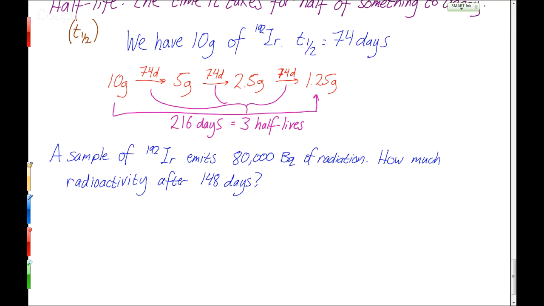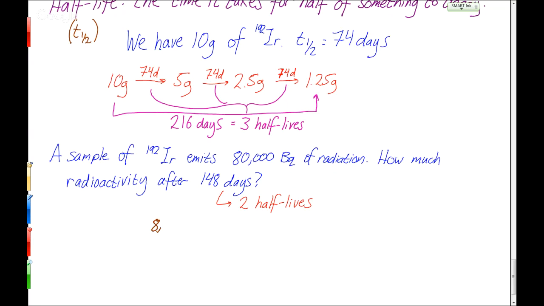In this case, that is 2 half-lives. So once we know how many half-lives it is, we just need to cut it in half that many times. And I always recommend writing this kind of chart down just to keep everything straight, because it's easy to accidentally cut in half an extra time or not cut in half enough times. However you want to do it that makes sense, that works for you, is fine.